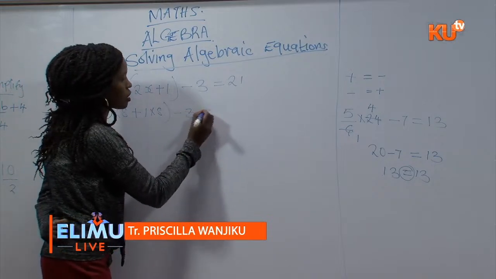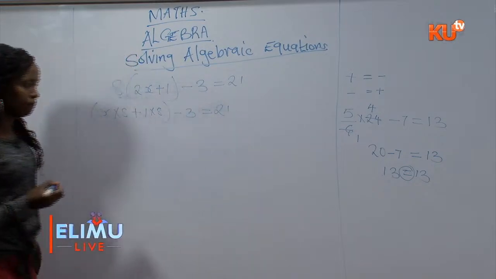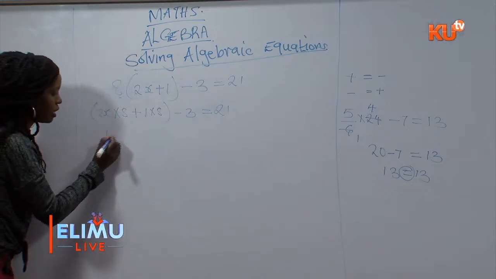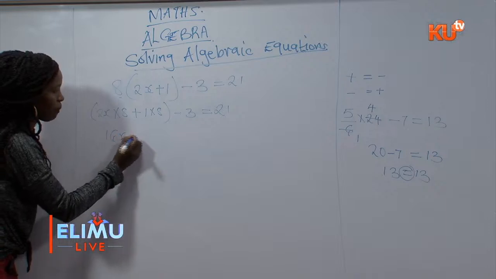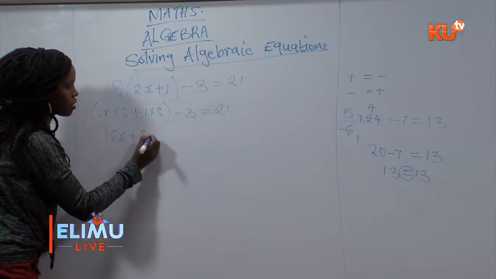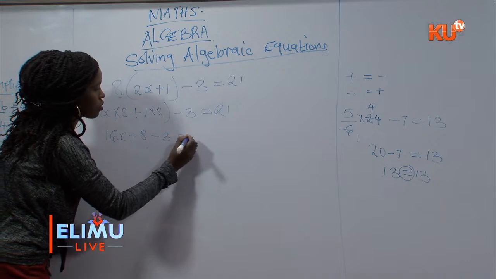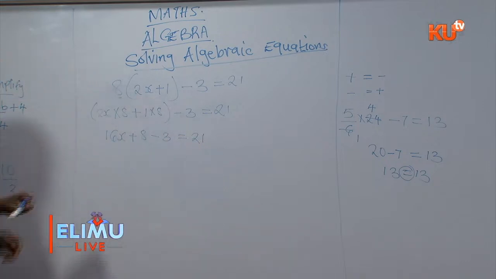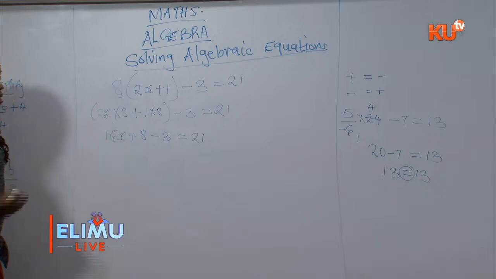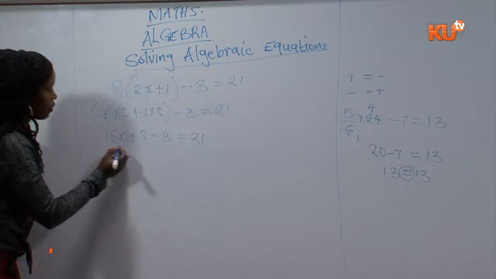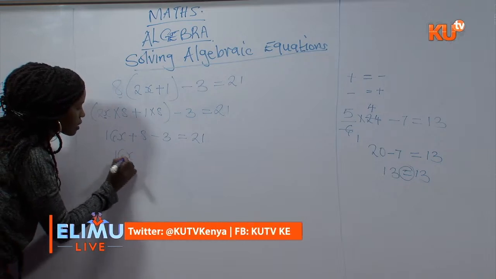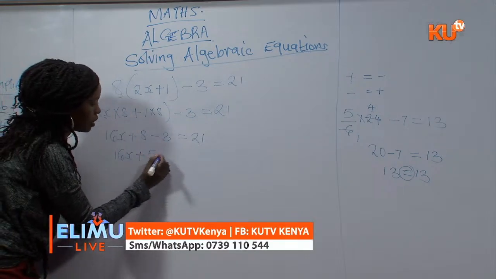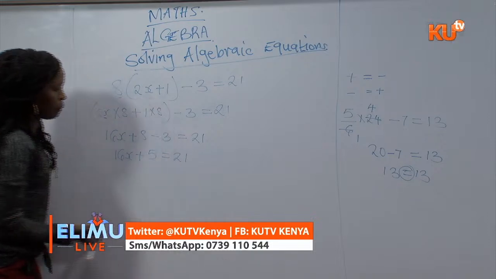Minus 3 is equal to 21. 2x times 8, I get 16x plus 8 minus 3 is equal to 21. Anytime you're solving algebraic equations, make sure that you don't forget the letters. So I have 16x plus 8 minus 3, I get 5, is equal to 21.